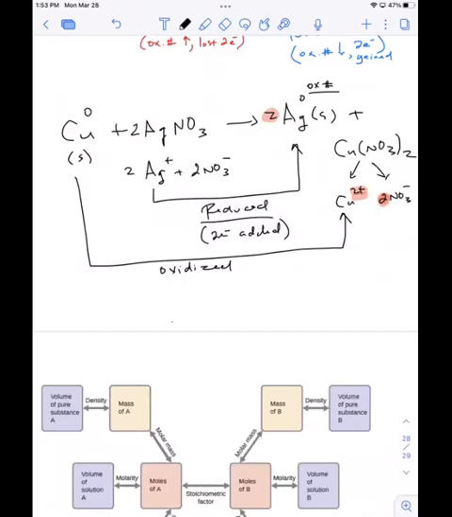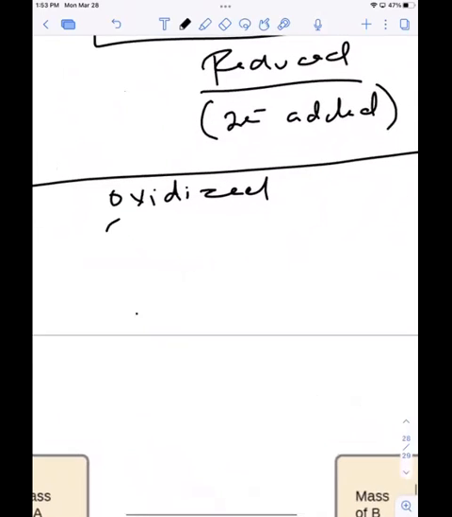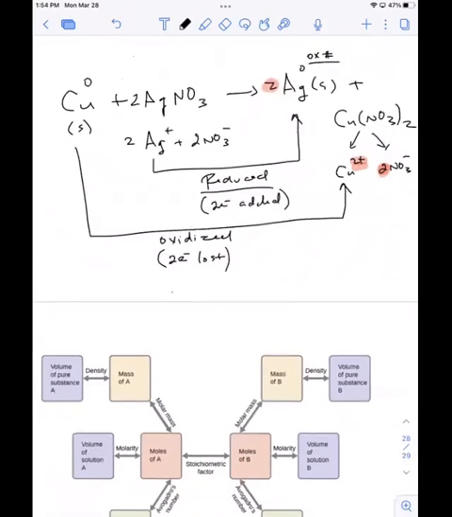So how many electrons did it lose going from 0 to 2+? 2. Good. 2 electrons got lost, right? Because every electron has a -1 charge, and every one you lose, the charge goes up by 1.